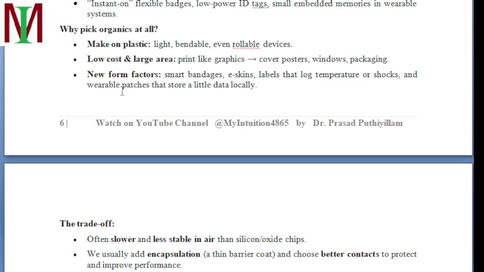Now, why do we pick organic at all? Whatever we discussed now, other than silicon, we said it is organic. Make it on plastic: light, bendable, even rollable devices. We can print like graphics, you can cover posters, windows, packaging. You can have smart bandages, e-skin, labels that log temperature shocks, and even wearable packs.